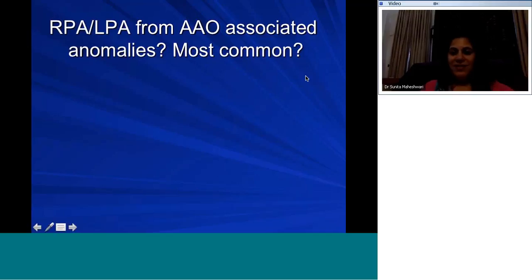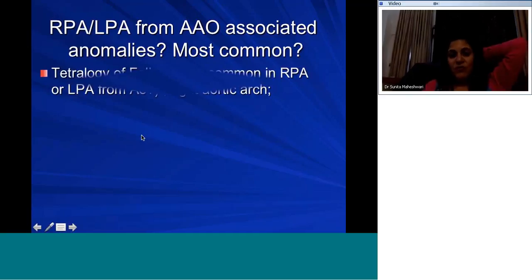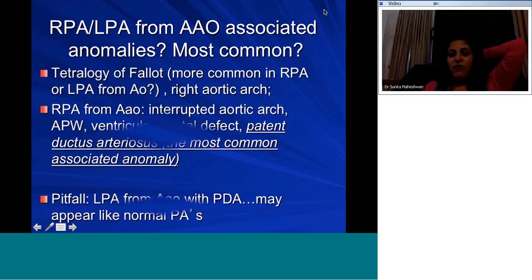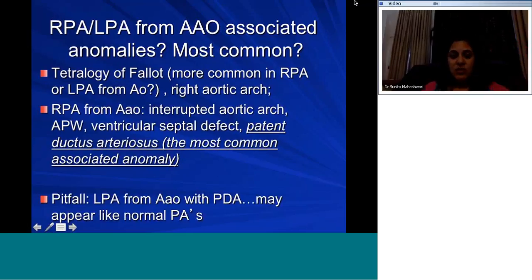Anyone? No one read hemi-truncus? ASD, okay, but what are more typical things when you think of hemi-truncus, common associations? So all of you read today, but tetralogy of Fallot, yes, TOF is commonly associated.